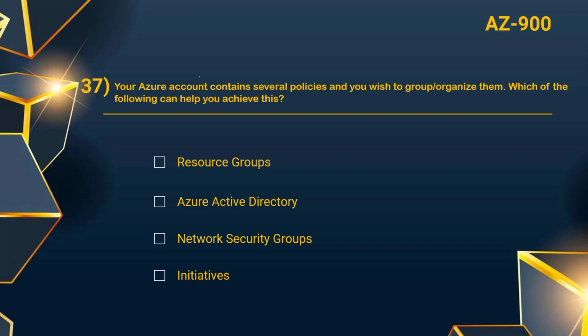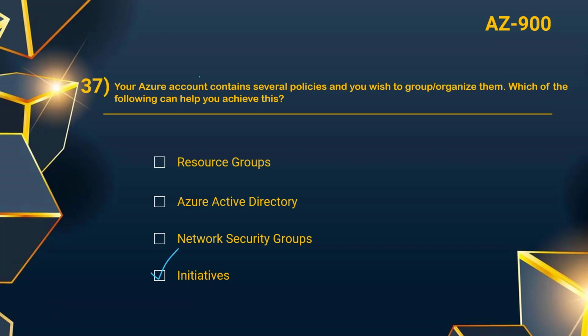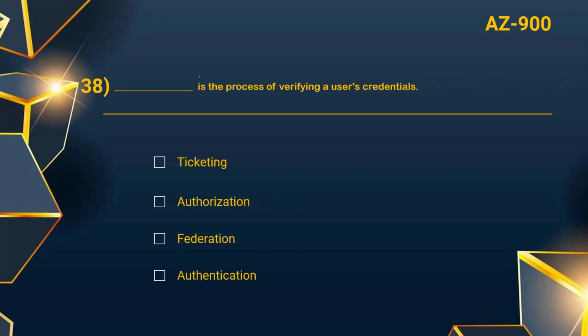Your Azure account contains several policies and you wish to group/organize them. Which of the following can help you achieve this? Something is the process of verifying a user's credentials.